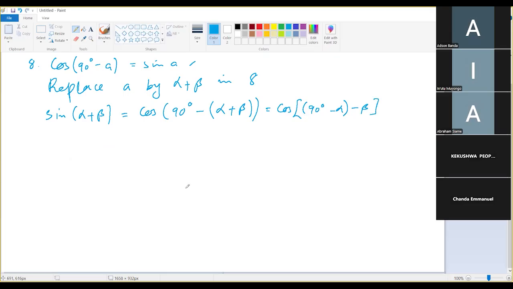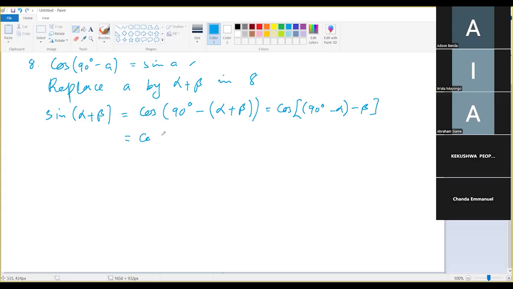So let's see what we have. And then we are going to use the cosine alpha minus beta identity that we have, which is identity number 6. So using identity number 6 on what we have here, what we are going to get is the following.